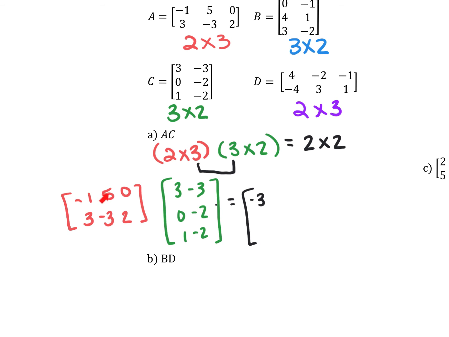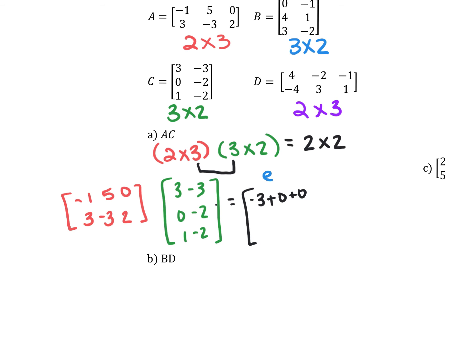What's 5 times 0? Plus 0. What's 0 times 1? 0. Plus 0. That's how you calculate the first element in this thing. First row, first column. Got that?